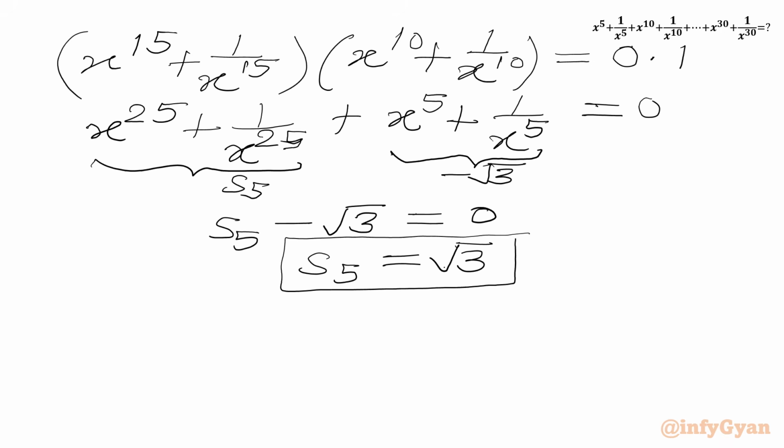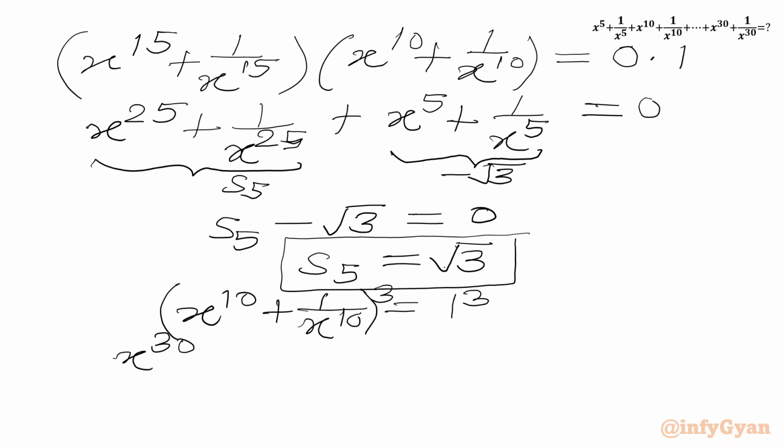Now target is to find S6 only. So we will consider x power 10 plus 1 over x power 10, which is equal to 1. Now we will be cubing both sides to get S6. Let's apply a plus b whole cube formula. We'll get x power 30 plus 1 over x power 30 plus 3 times x power 10 times 1 over x power 10 will be 1.